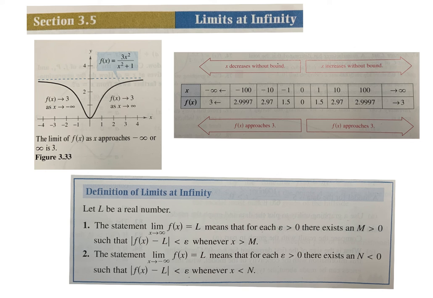The statement that the limit as x approaches infinity of f of x equals L means that for every epsilon greater than 0, there is an M greater than 0 such that, and that is your limit definition, |f(x) minus L| is less than epsilon whenever x is greater than M, and so on for negative infinity as well. So basically what we're doing is trying to figure out the y value as x goes towards positive or negative infinity. And what happens is you end up finding horizontal asymptotes, all right?